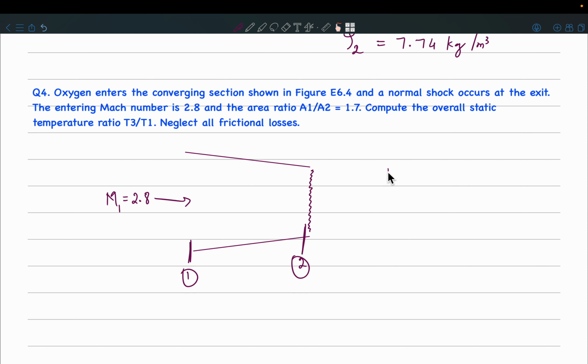They have also given us A1 by A2, which is 1.7. So A1 is more than A2 because it's a converging section. Now you have to compute the overall static temperature ratio, that is T3 by T1. The section just after the shock is 3.